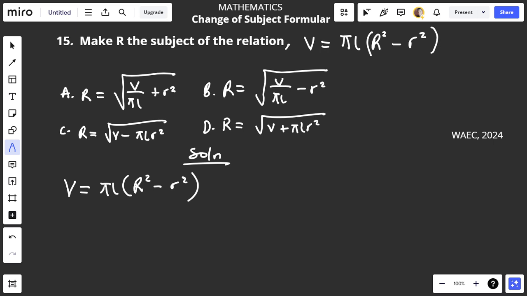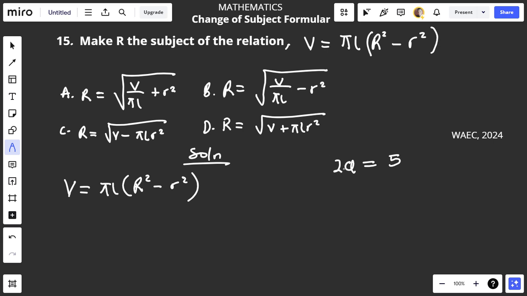because the way pi L operates on the right hand side is by multiplication, and the opposite of multiplication is division. Take for instance, if you have 2a equals 5, and you want to take 2 away from the side where a is, first you check what operation binds 2 to the left hand side.